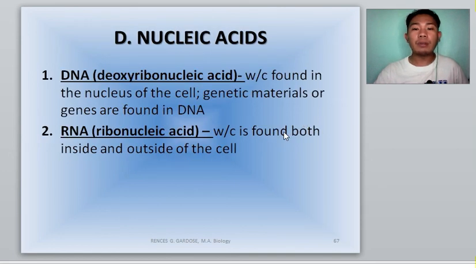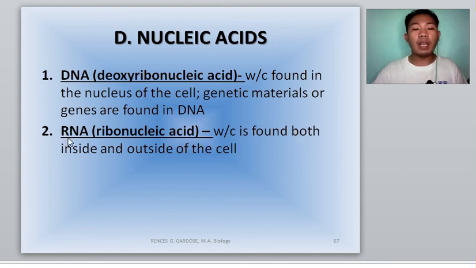We have two types of nucleic acids, the DNA and the RNA. The DNA, or deoxyribonucleic acid, is found in the nucleus of the cell, and it usually has the genetic materials or the genes of the animals and the plants.